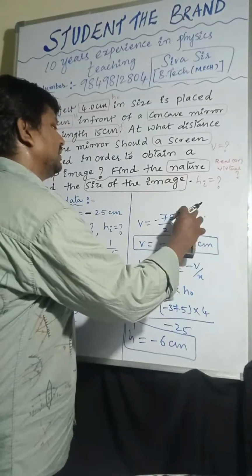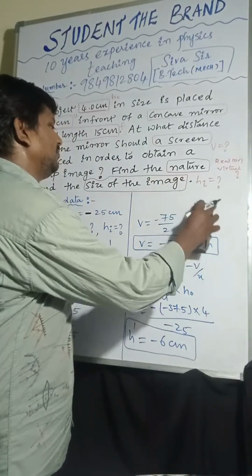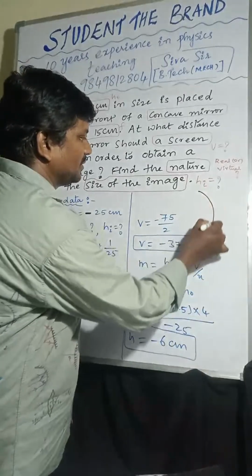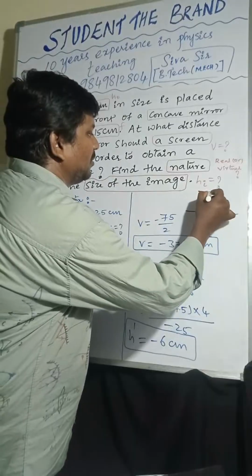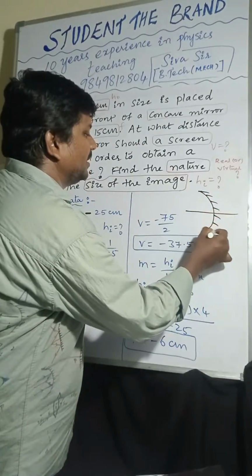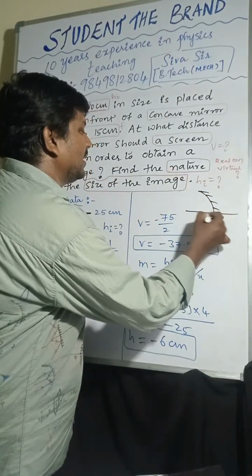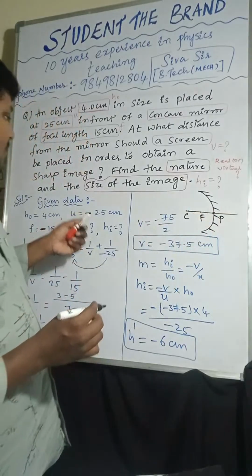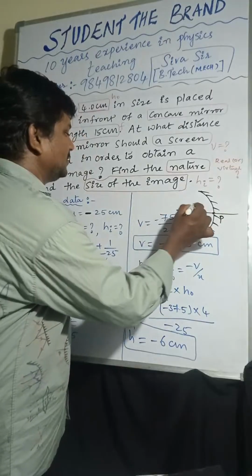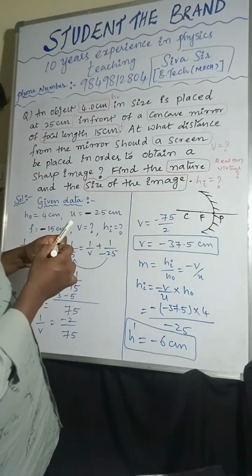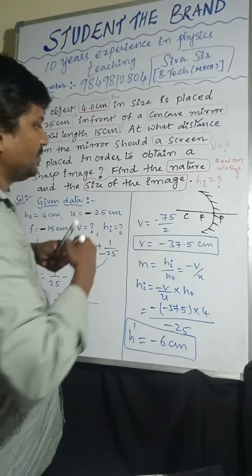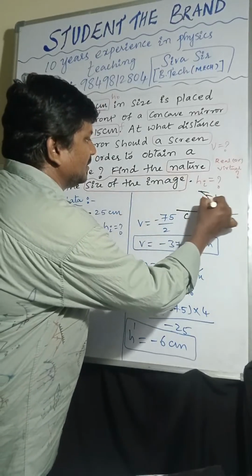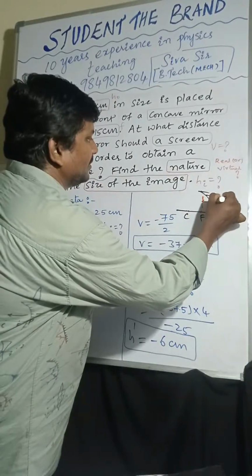So now you draw the concave mirror. Here is the pole, focus, center of curvature. So the object is at 25 centimeter. Focal length is 15, nothing but here. This is the 15 centimeter focal length.